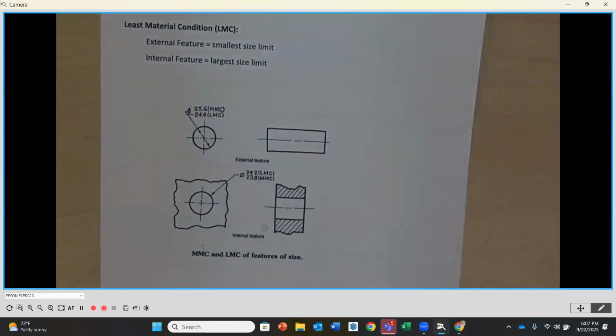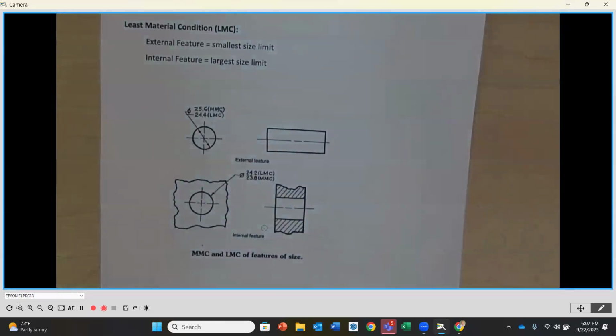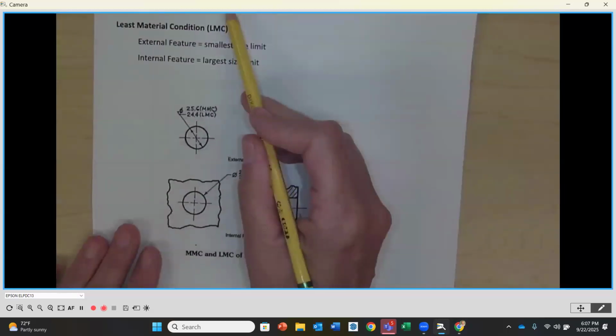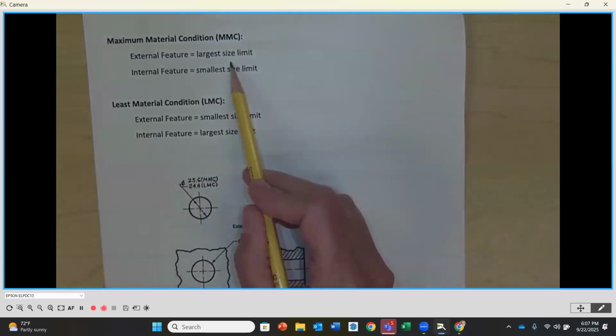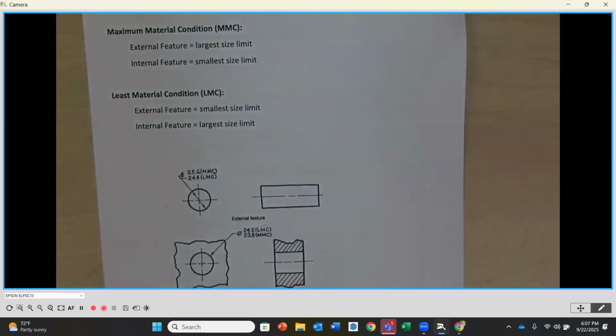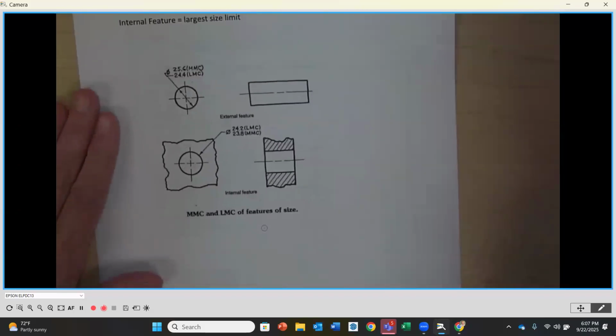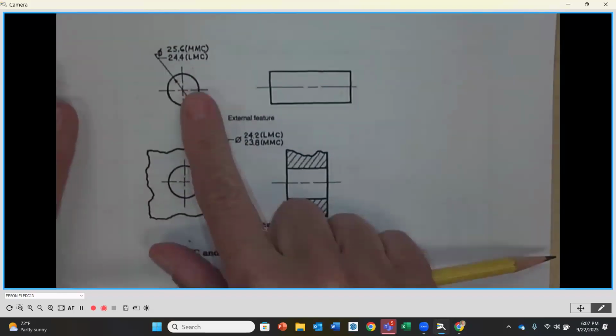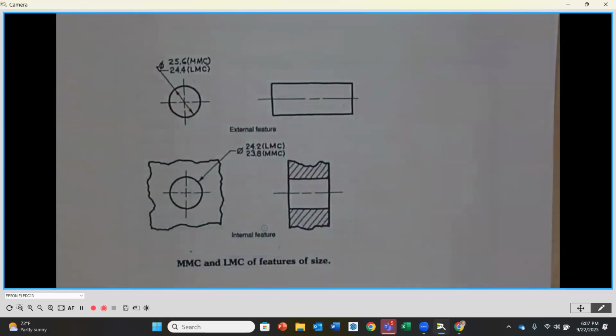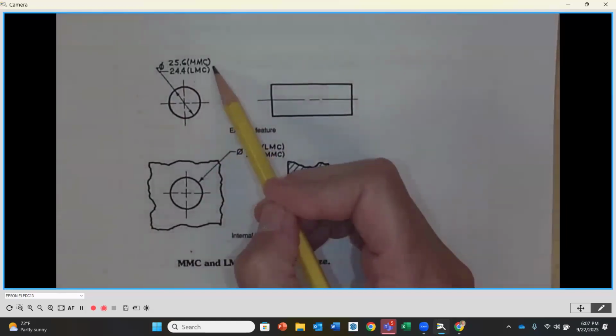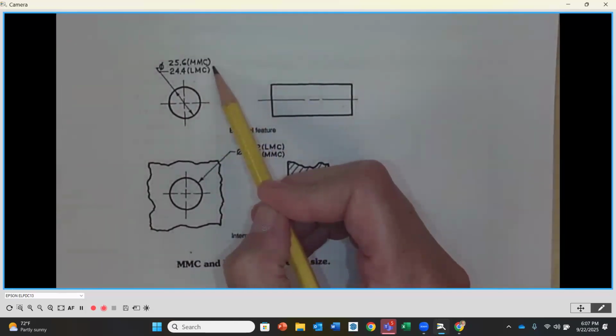If I look at my table here, the length of my table, the width of my table, the thickness of my table, touching the outsides of it, external feature. So when I'm an external feature, my MMC size is the largest size. Down here, you're going to notice that they identify on this pin the 25.6 external feature as the MMC size, okay?